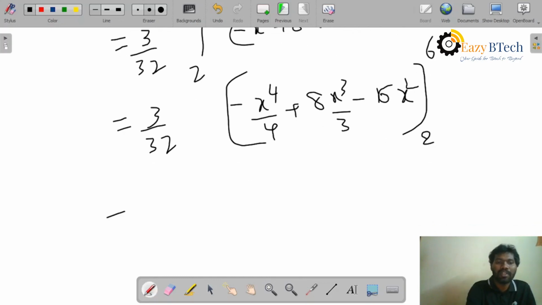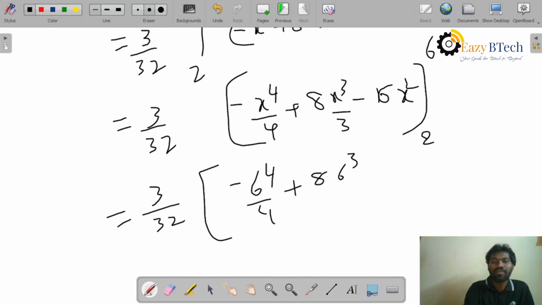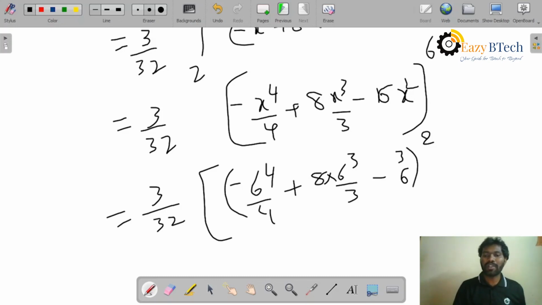Then apply the integral: 3 by 32 into minus 6 power 4 by 4 plus 8 into 6 cube by 3 minus 6 into 6 square. So this is in case of the upper limit.